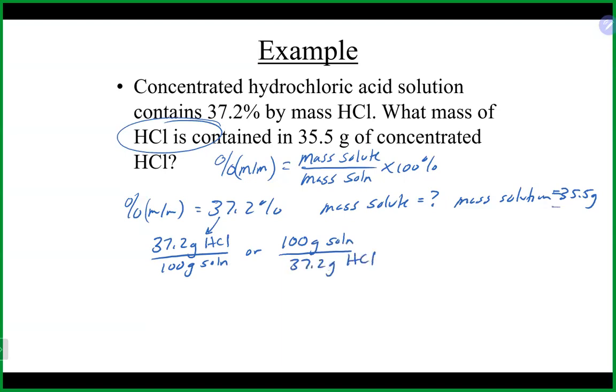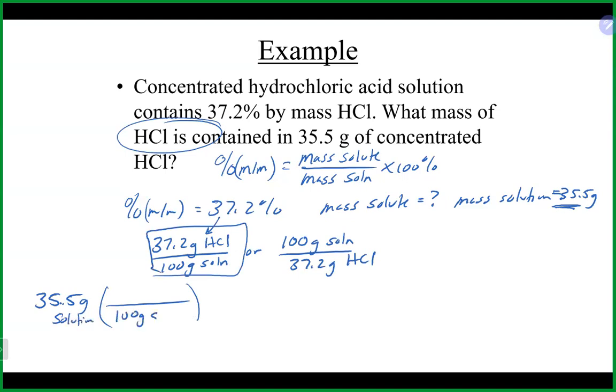Since we have the grams of solution given to us, we take 35.5 grams and times it by our conversion factor, since that is the solution. We have 100 grams of solution and 37.2 grams of HCl. The grams of solution will cancel, which leaves us 13.2 grams of HCl dissolved in the solution.